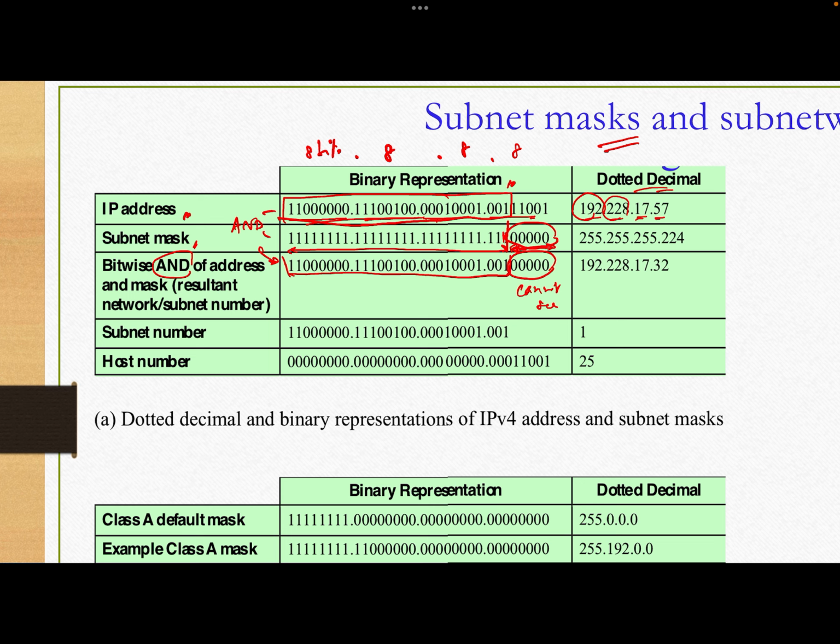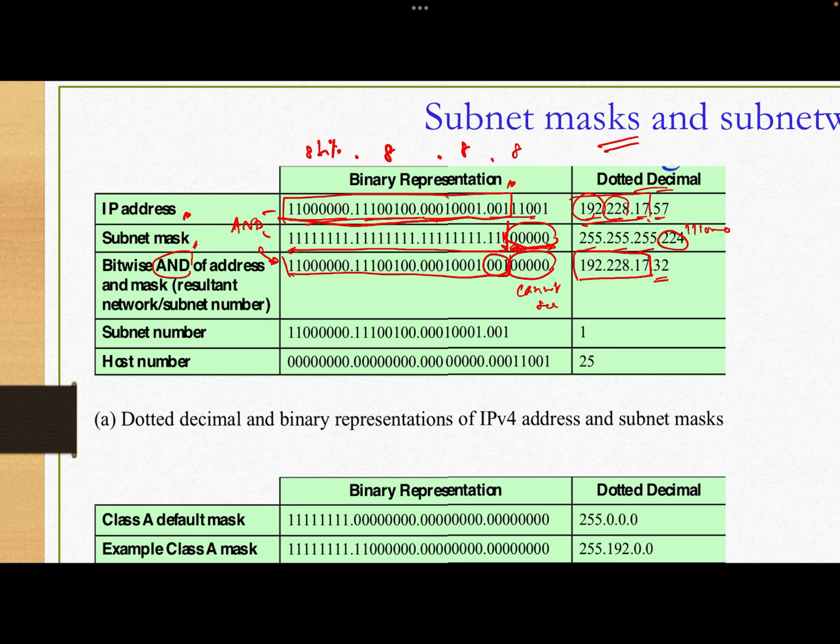Now the subnet mask in dotted decimal will look like this. If it's all 1s, it's 255, 255, 255, and the mask depends on how many bits are in the mask. If it's 1, 1, 1, 3 bits, and then all 0s, it is 224; you can calculate it by yourself. Now when you bitwise AND together, the part that you can go through is this. The first 3 bytes can go through, and also some part of the last byte. The first 3 bits of the fourth byte can go through.